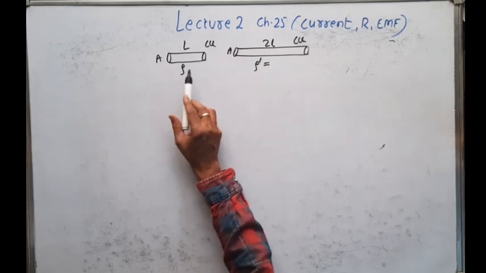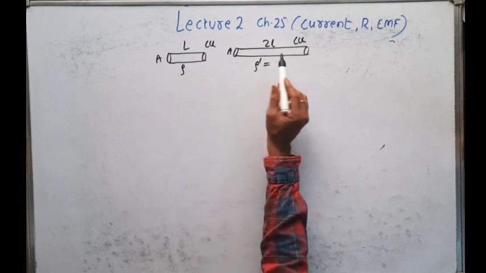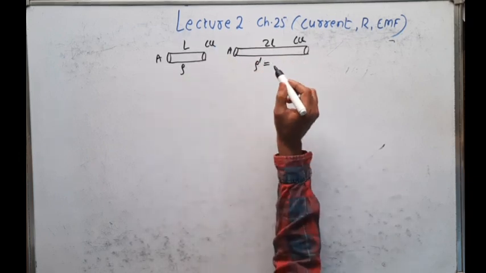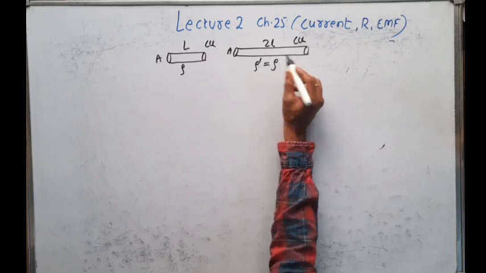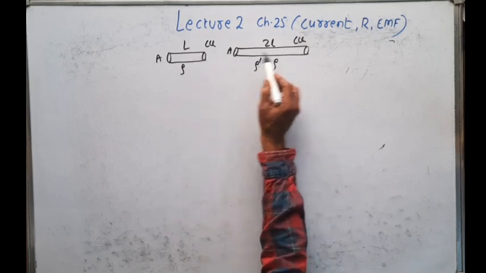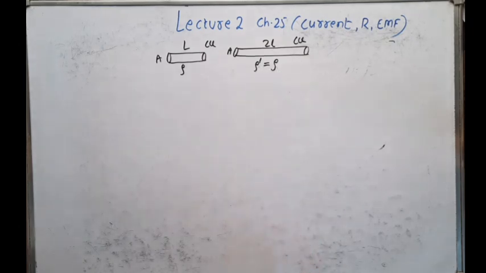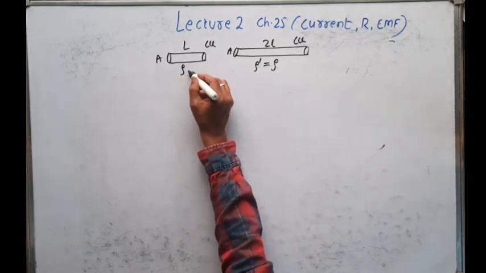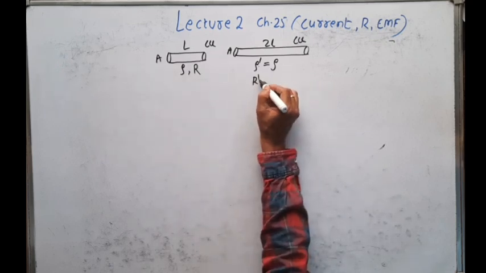Okay, so here the area is A, length is L. Here same area but length is double and same material. Then what is the resistivity here? Resistivity does not depend upon the dimension of the conductor. It depends upon the copper, the nature of the material. Since the nature of material is same, here resistivity is also same. But if the resistance of this conductor is R, then what is the resistance of this?